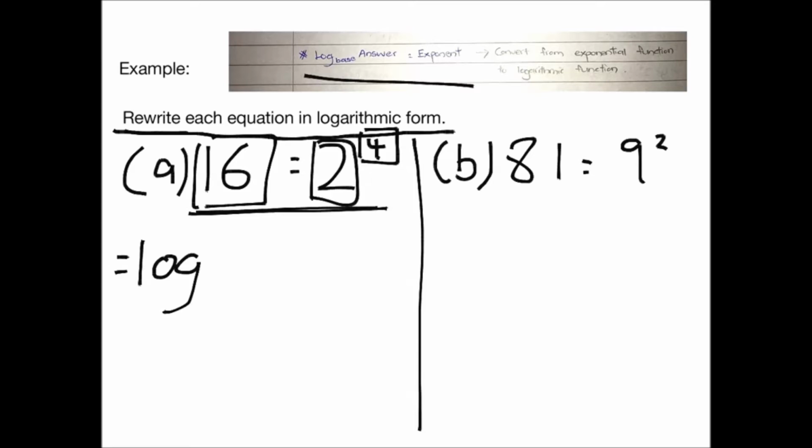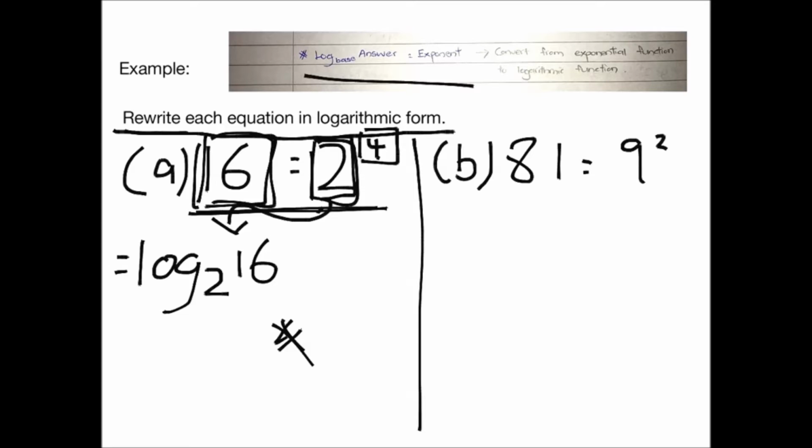So you write log first, and then we know that the base of the exponential form is 2, so we put it here. The base is 2, and then we know the answer is 16. 16 is the exponent, so that's our answer.